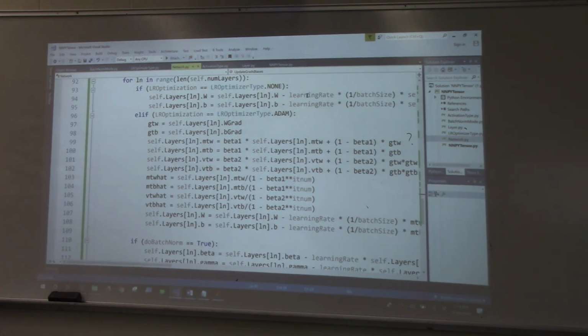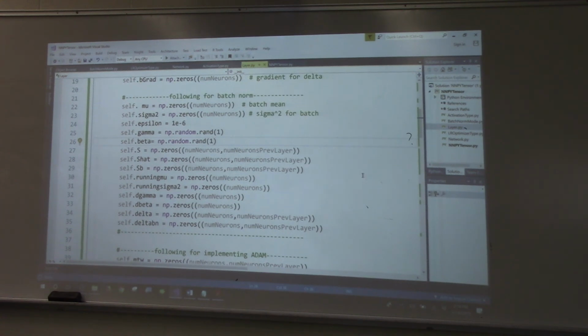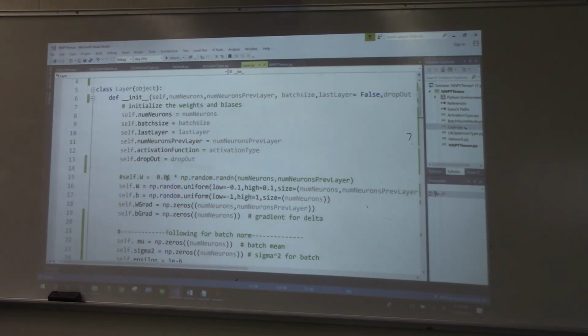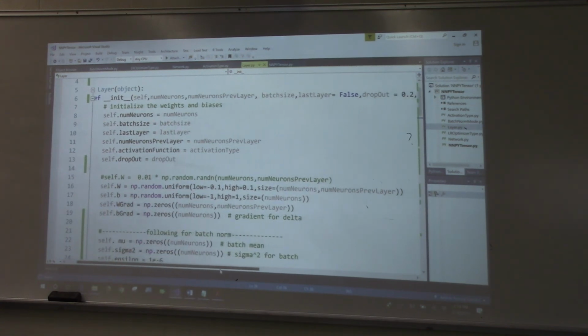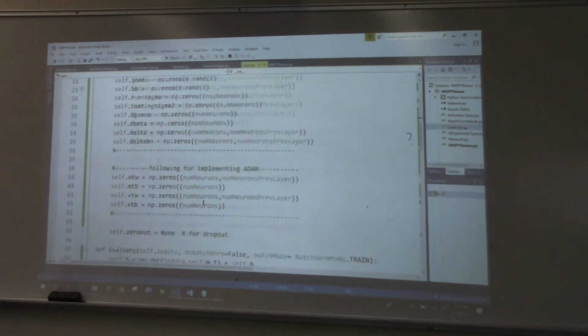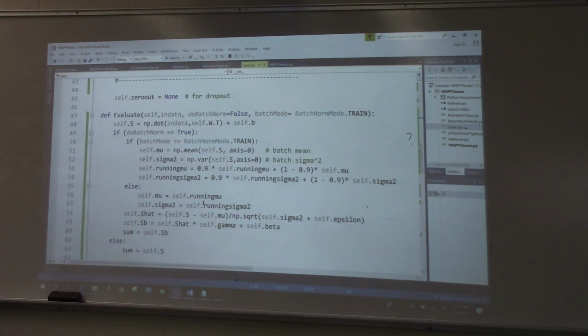Okay, so let's go to, for example, the layer class again. Okay, so let's take a look at the code for the evaluating as an example.